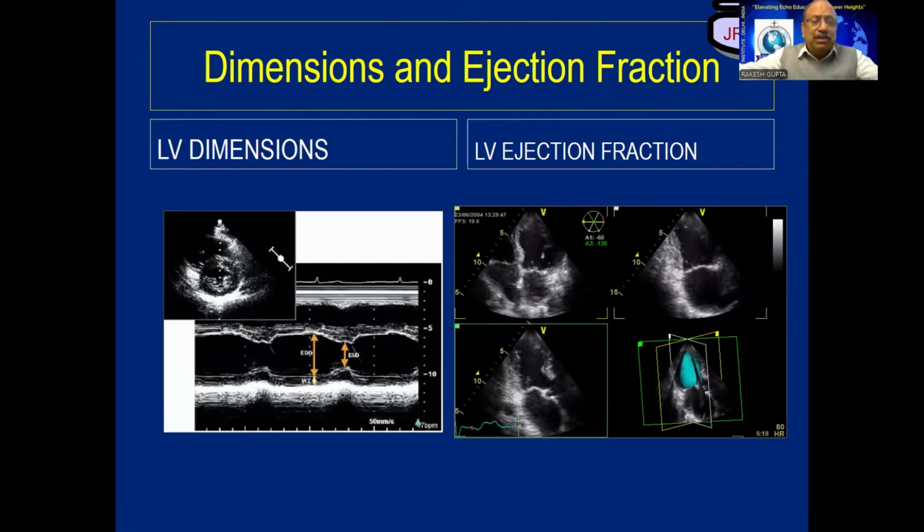It has gone from 70 to 55%, which unfortunately our guidelines do not talk about. But when it's less than 52 or 54% in male versus female, then we call it LV dysfunction.